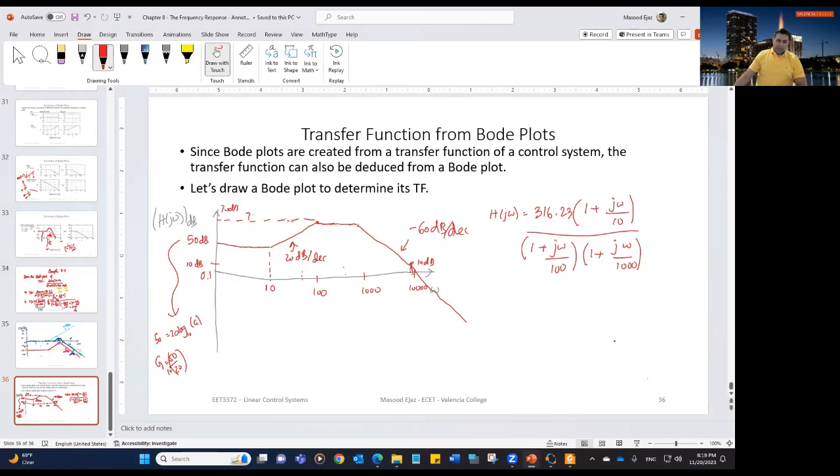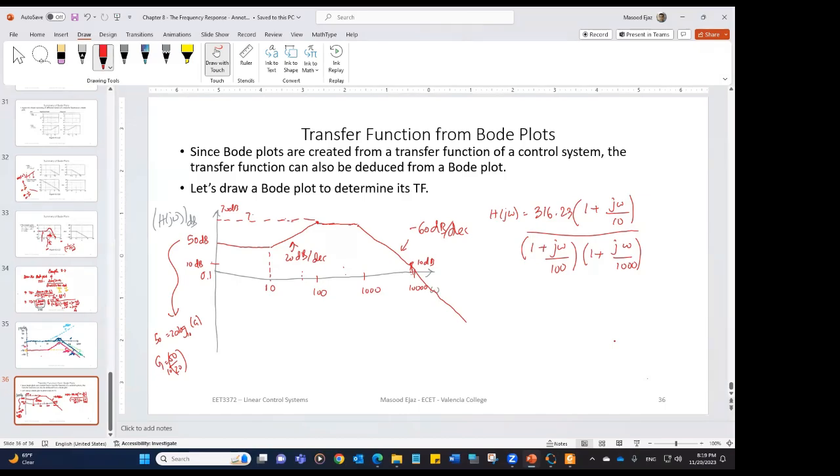Anyone else? Looking at the plot, looking at the slopes, can anybody tell me what is missing from there? Is it missing a square, or actually more than a square?